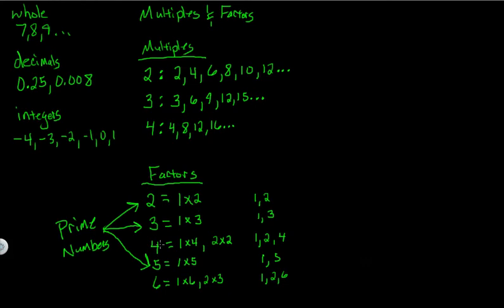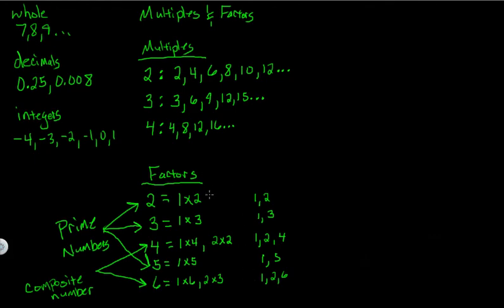All the other numbers, 4, 6, and so on and so forth, 9, 8, 10, those are called composite numbers. And these are numbers that are not prime, basically. These are numbers that have more than two factors. All right?